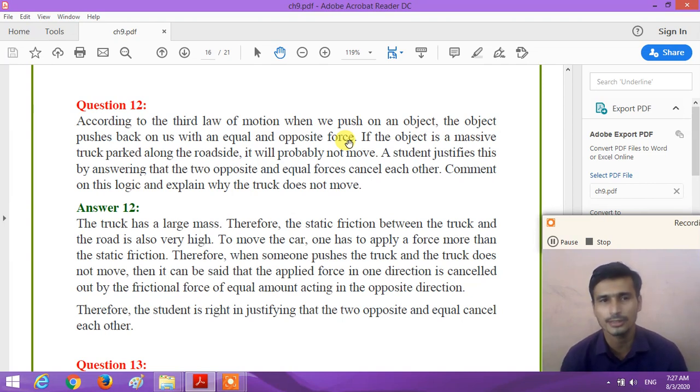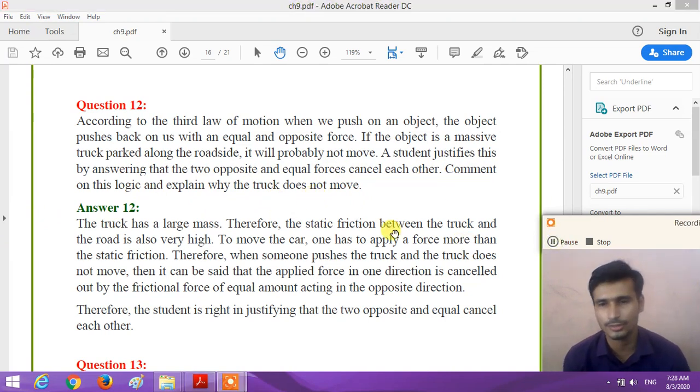Now, if the object is a massive truck parked along the side of the road, it will probably not move. A student justifies this by answering that the two equal and opposite forces cancel each other. Comment on this logic and explain why the truck does not move.